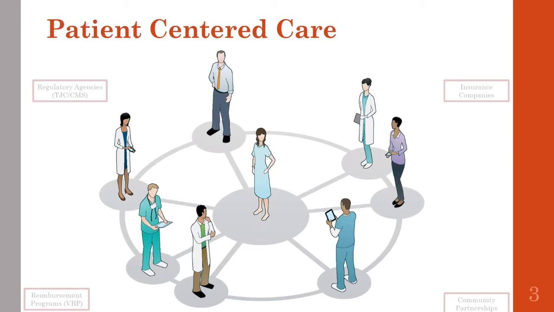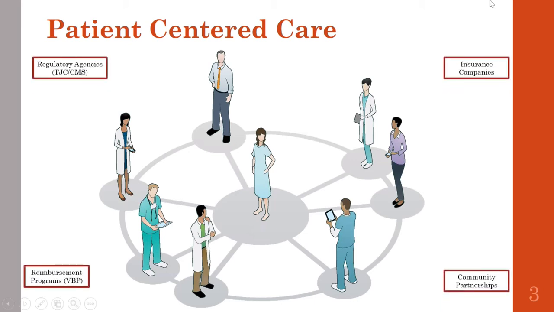When you look at patient-centered care, you look at the patient being in the middle of the model and what lies around it in the different layers. I like to look at it in 3 layers, and that's the macro, the meso, and the micro system.